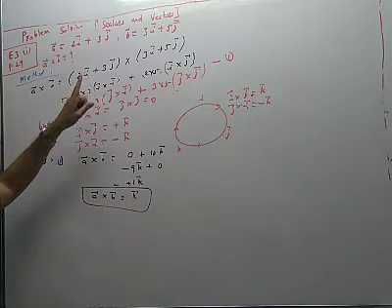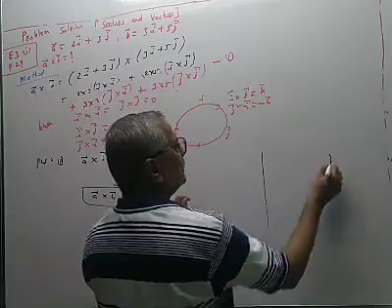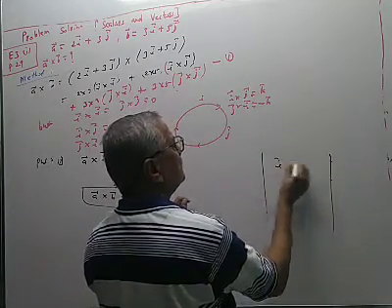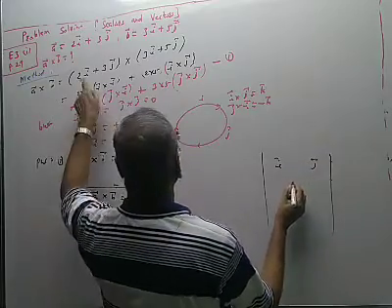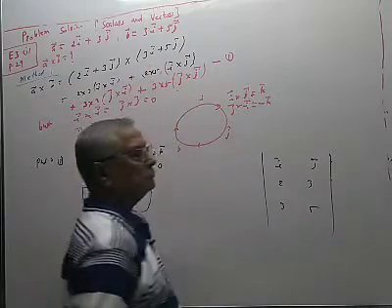So why the determinant method is not applicable, that we can see. Now if we write down the determinant form, this is i, this is j. What is the x component? The x components are 2 and 3, and the y components are 3 and 5.